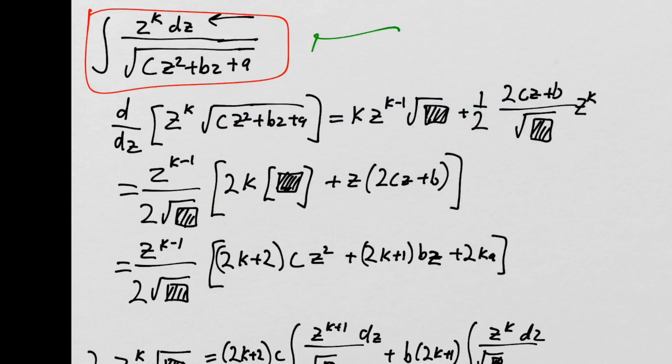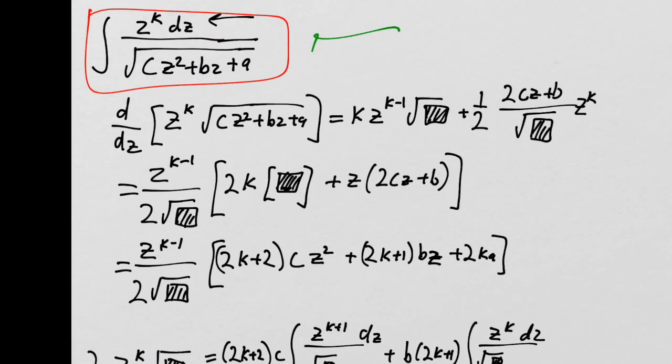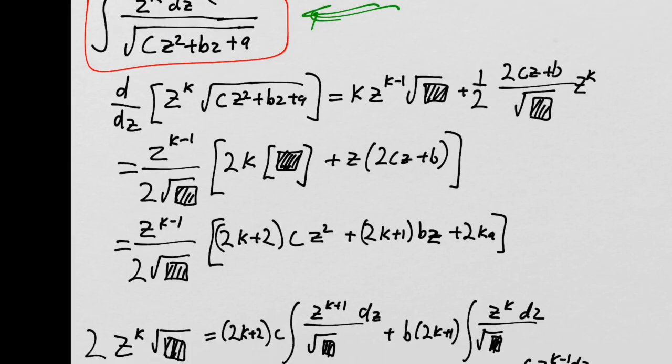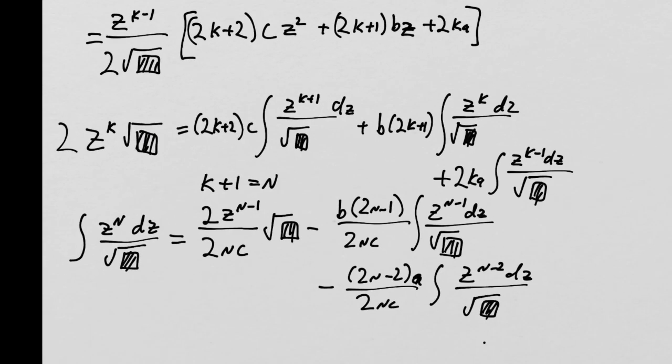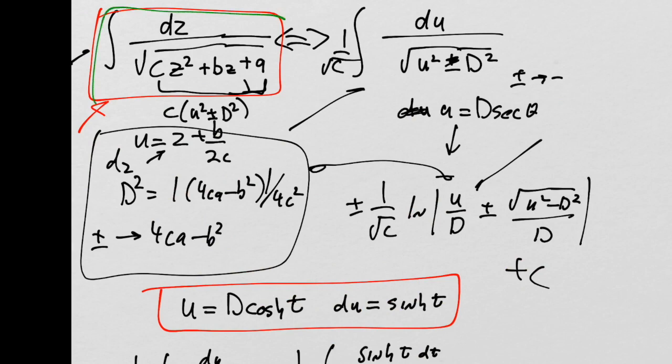And again, this is a very important point. We've got this recursive relationship, but that recursive relationship bottoms out here and here. So those are the two core integrals we need to know.